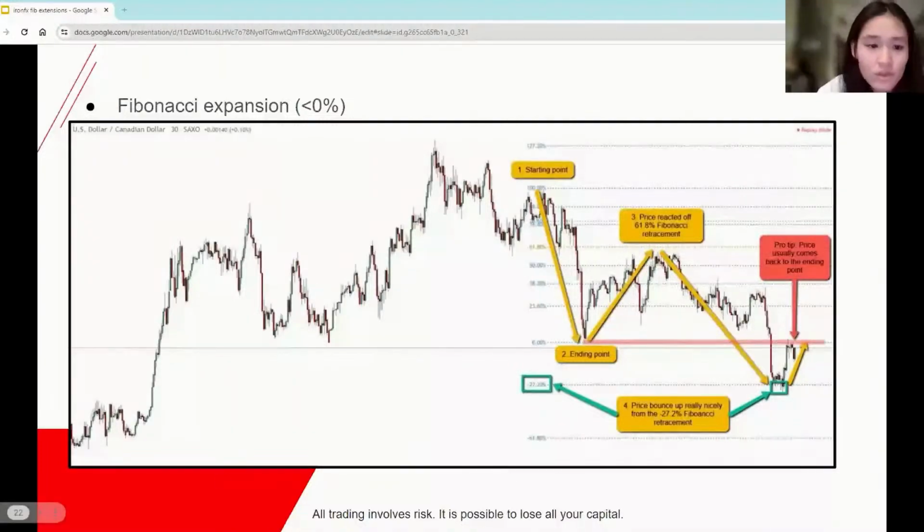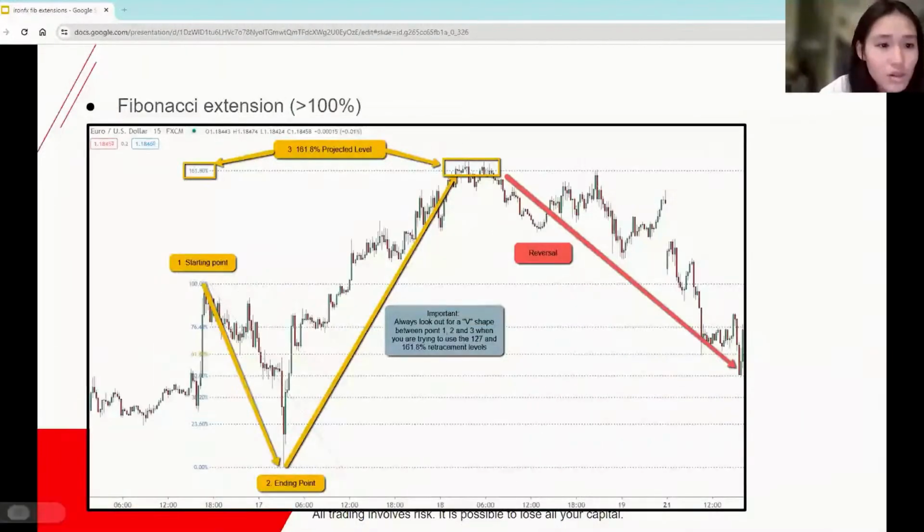Okay. So let's get into this week's Fibonacci extension. So here is an example of price reacting off the 161.8% Fibonacci retracement level, resulting in a reversal. So in this case, extensions, we like to look for Nike tick shapes, starting at the starting point here, ending point over here.